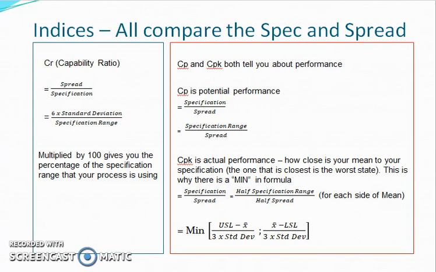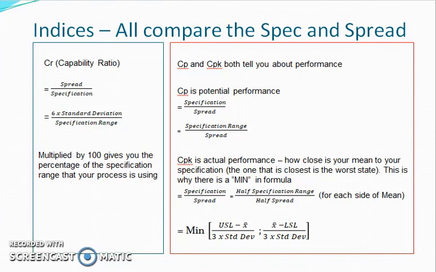Now the very interesting thing about these 3 indices is they have one thing in common, which is all the capability indices compare your specification range to the spread. Not in exactly the same way, but they all do that because that is the aim of the capability indices.